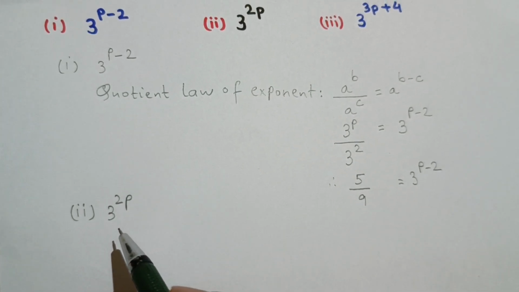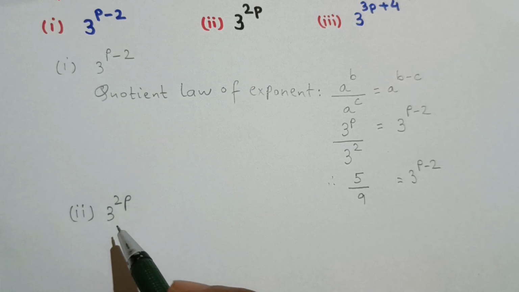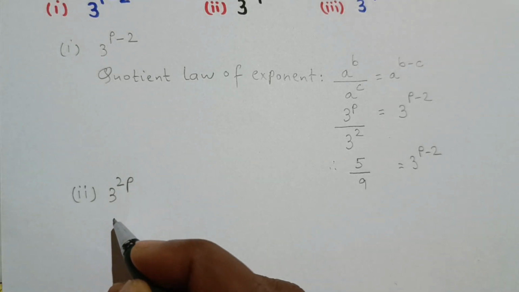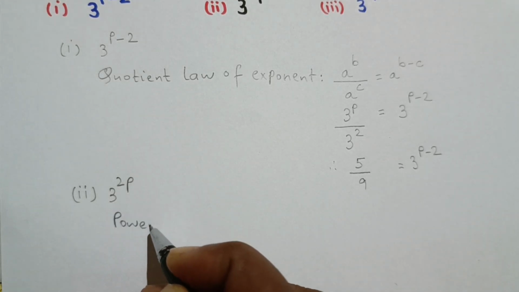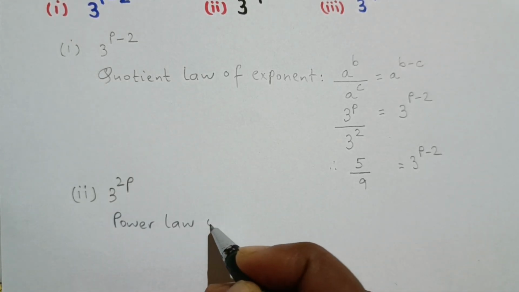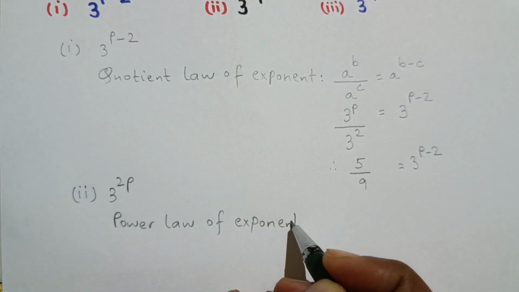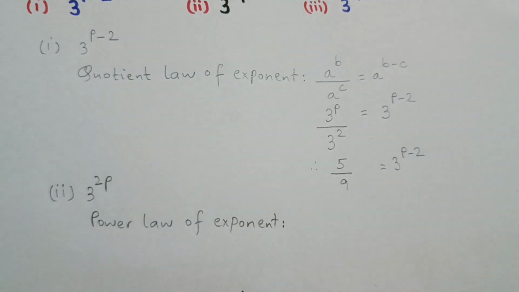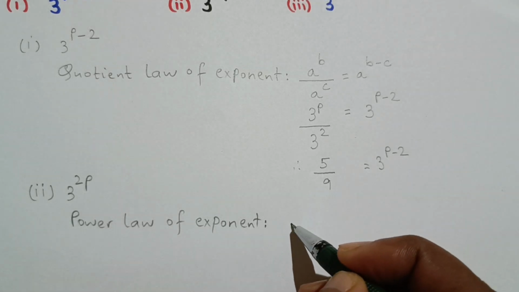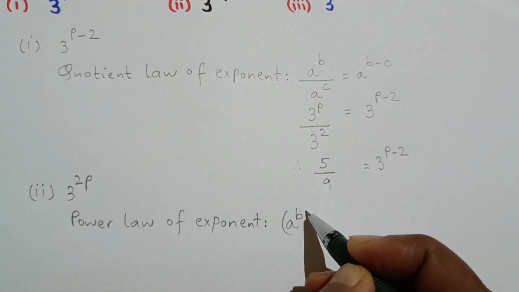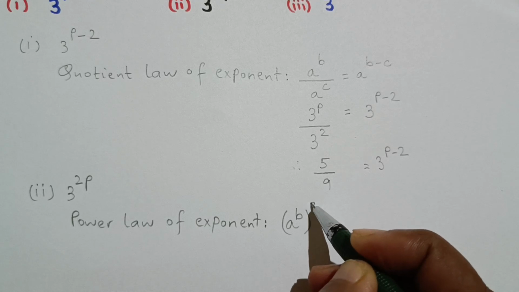Now in the exponents chapter, we have studied another law, which is the power law of exponent. So what is the power law of exponent? The power law of exponent is a to the power b, this entire expression, raised to the power c.